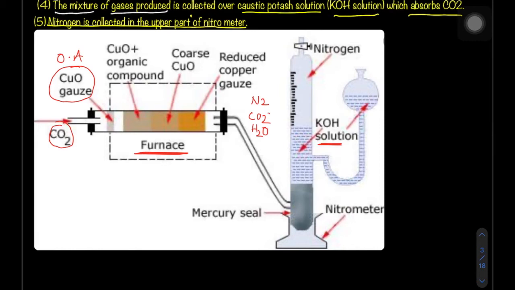KOH will absorb the carbon dioxide gas, and the water vapor and dinitrogen gas will remain. This dinitrogen gas will move upward, so nitrogen will occupy the empty space over the surface of the KOH solution.